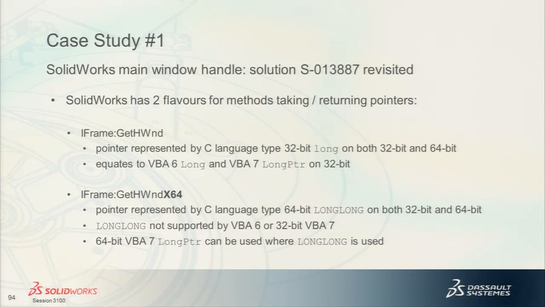On 64-bit, we use a long long in C. That one is not supported on 32-bit, which is very similar to what we've seen with LongLong in VBA. And on the 64-bit side, again, it translates nicely to LongPtr. So we cater for both flavors.